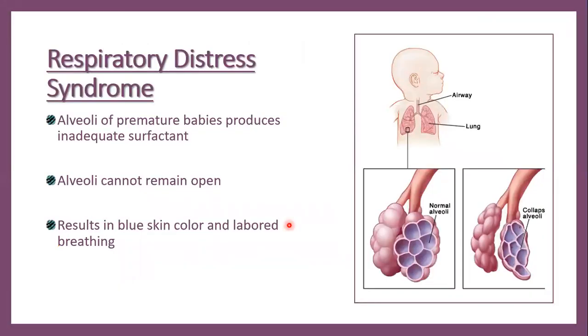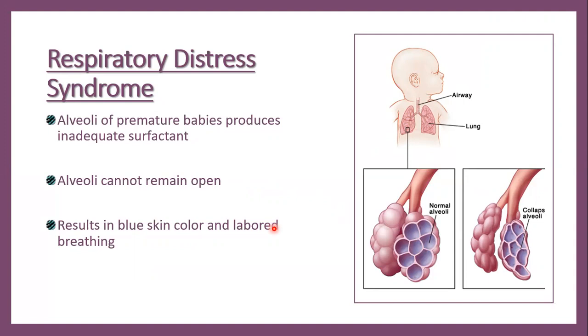This is respiratory distress syndrome, and it's very common in premature babies. As I said, their lungs are immature, so they don't have enough surfactant to prevent collapse of the alveoli. They are born with breathing disorders. They have blue skin, labored breathing, grunting, and usually they need help with respiration.